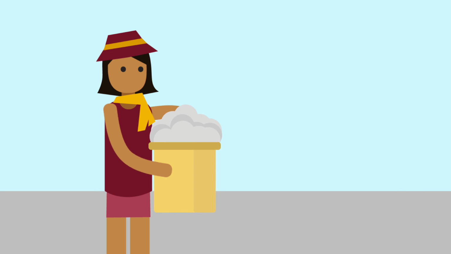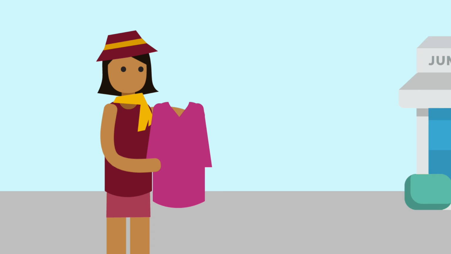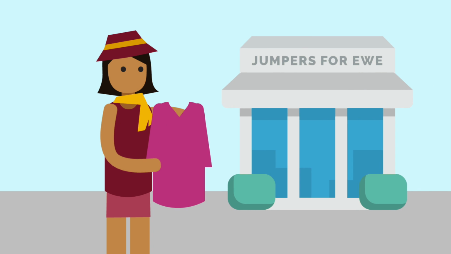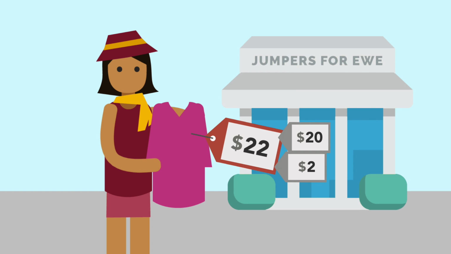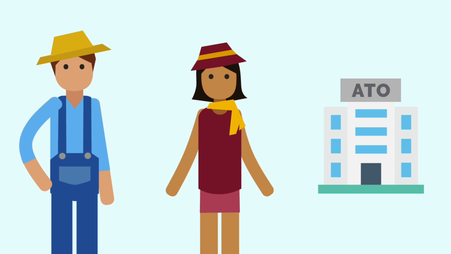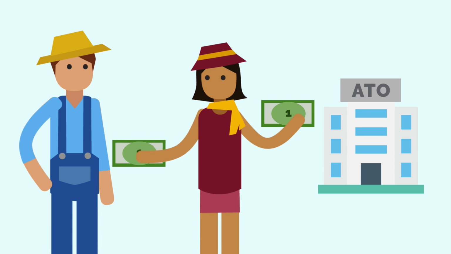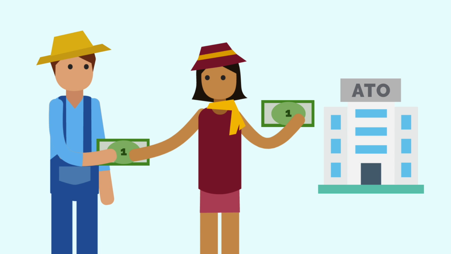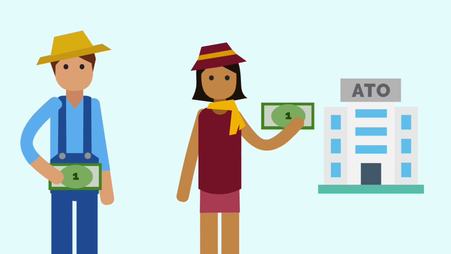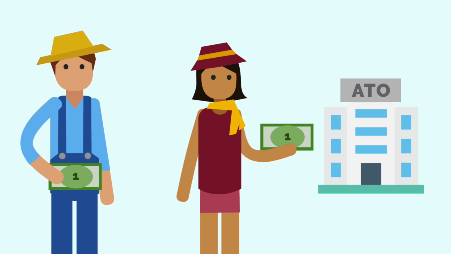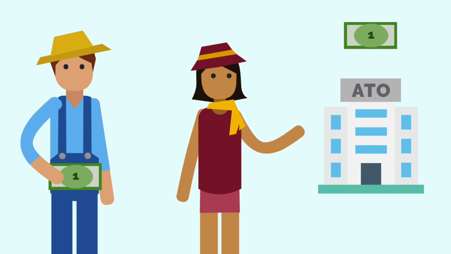Tyra turns the wool into a jumper and sells it to a clothing retailer, Jumpers For You, for $22. $20 plus $2 GST. Tyra has collected $2 of GST, but remember that she paid GST of $1 to Farmer McDonald. Tyra will net off these two amounts and will send the difference of $1 to the ATO.